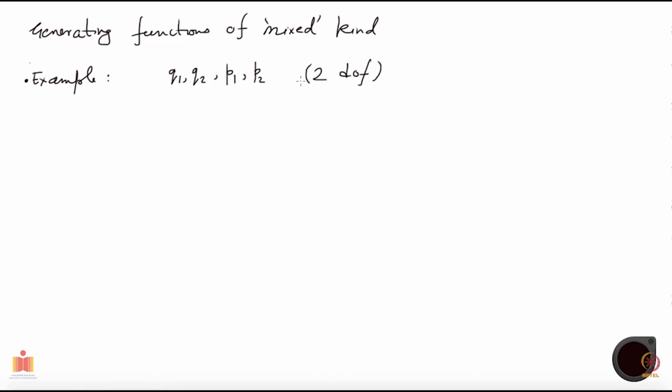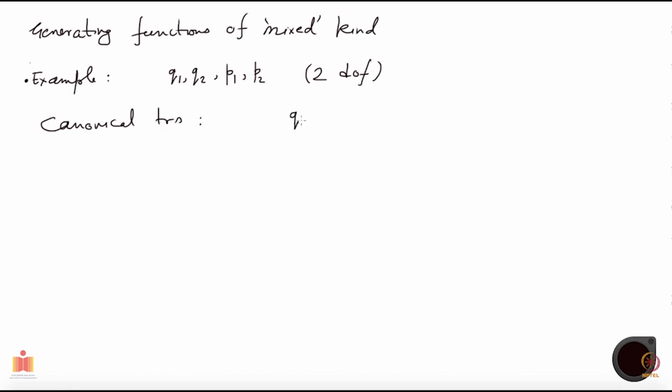Now you may want to think of a canonical transformation which will keep q1 and p1 unchanged, which will not touch those coordinates.